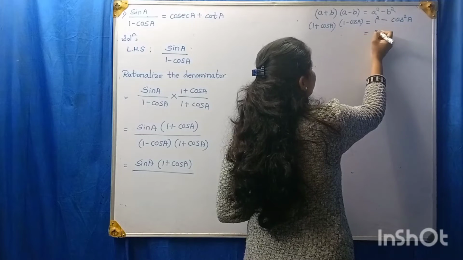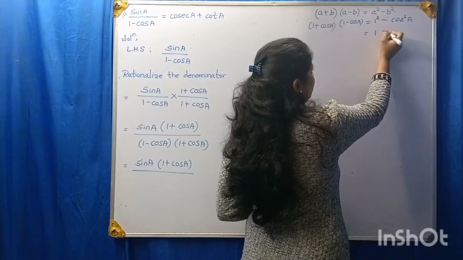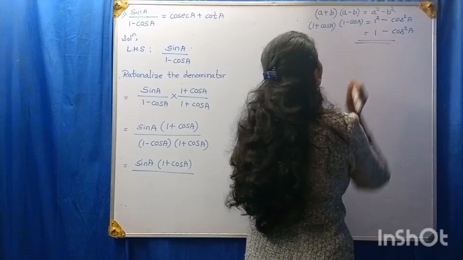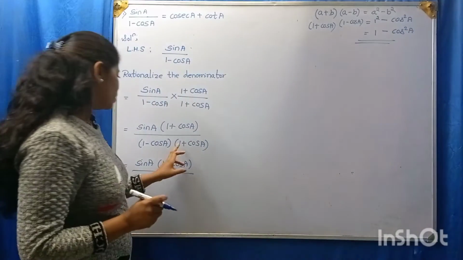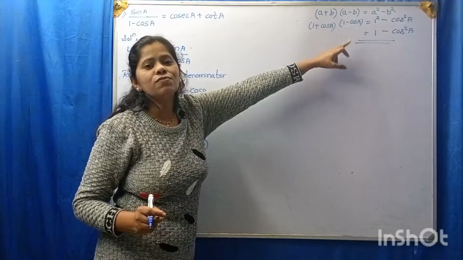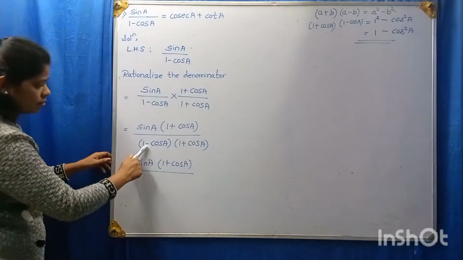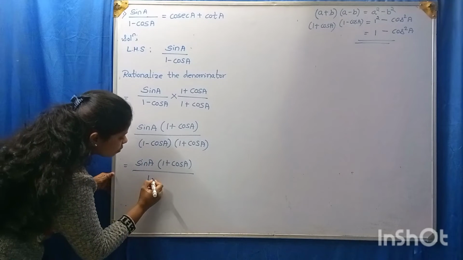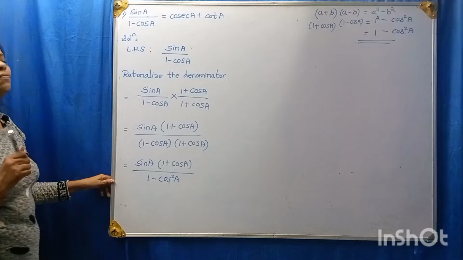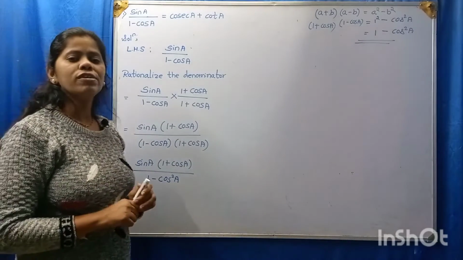Right? We can write it as 1 square, I will write 1 minus cos square A. Therefore, 1 plus cos A into 1 minus cos A, we can write it as 1 minus cos square A. We know another formula of trigonometry. What is that?